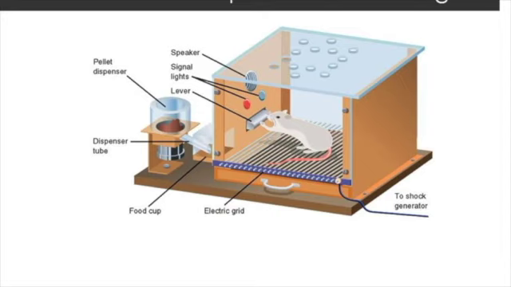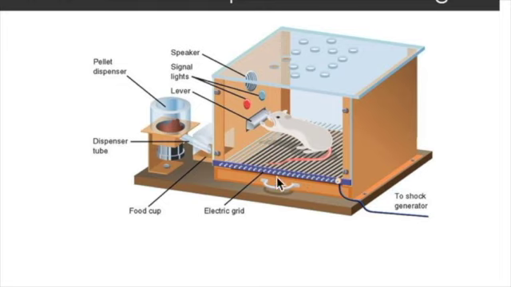But what that does is it's actually quite simple. It's just a box where you can put an animal in, right? An animal such as a rat, and you can give it some stimuli, right, such as signal lights or some speaker through which you can deliver sounds, and in response to certain behaviors on the part of the rat, you can give the rat rewards, such as a food pellet, or a punishment, such as an electrical shock.